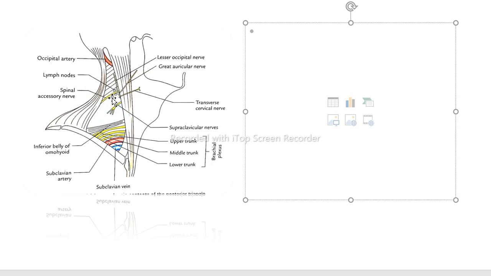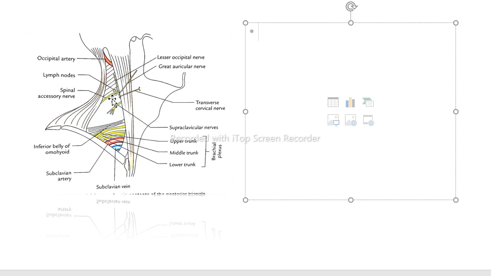So we can see the skin, superficial fascia and deep fascia. The deep fascia forms a carpet, and behind this deep fascia the spinal accessory nerve is attached to it.